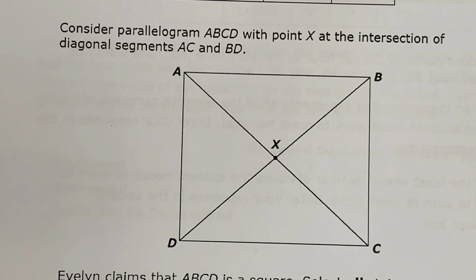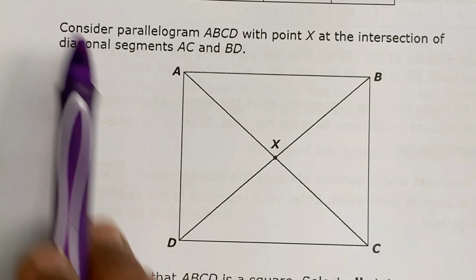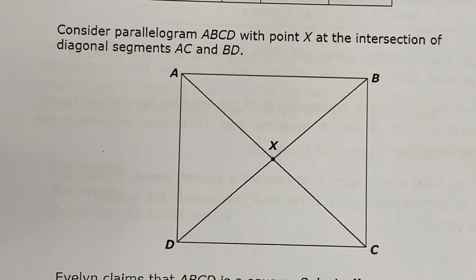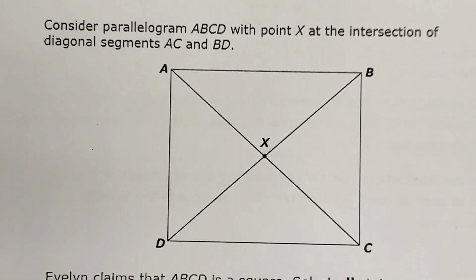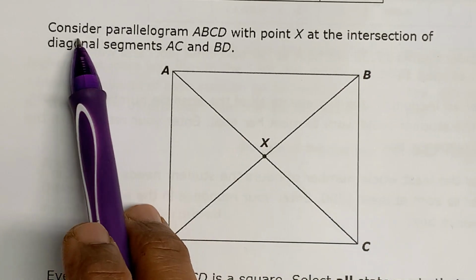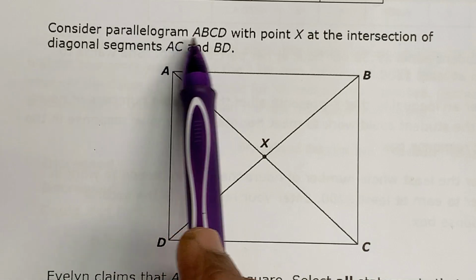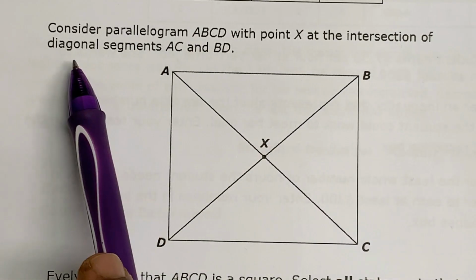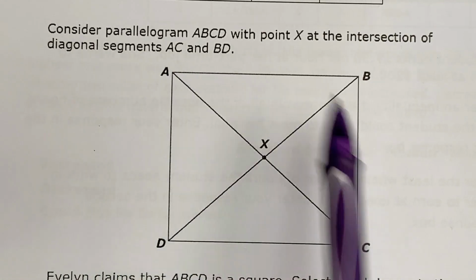Hi guys, let's look at question 20 on the Smarter Balanced practice exam, and let's see if we can do this one. It says, consider a parallelogram ABCD with point X at the intersection of diagonal segments AC and BD.